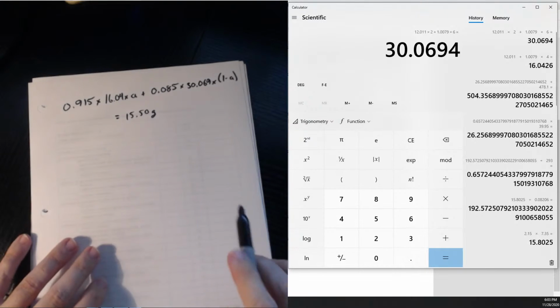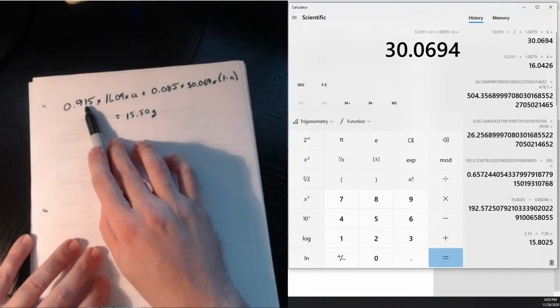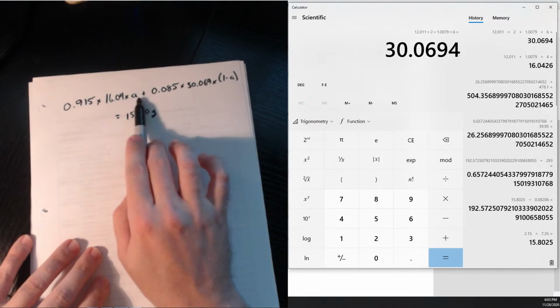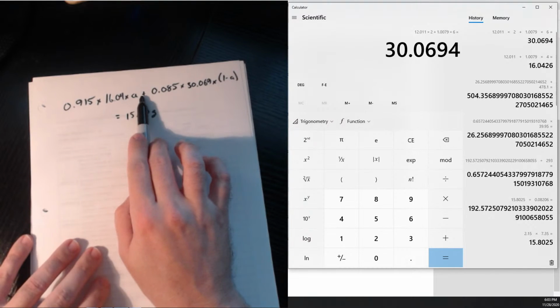Now, what I'm doing here is I'm taking the mole fraction of methane, multiplying it by, hold on.